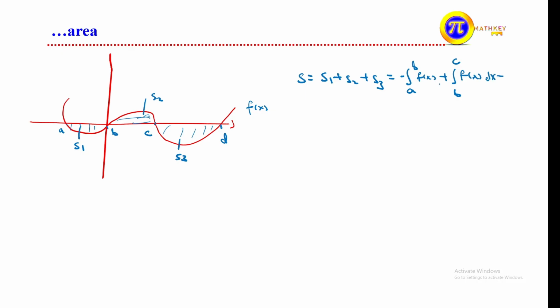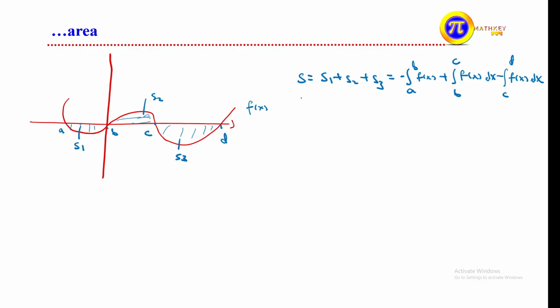Plus, when we come to the next one, S3, it is below the x-axis, so we take the negative of the integral of our function between c to d of f of x dx. In this way we can find the area.